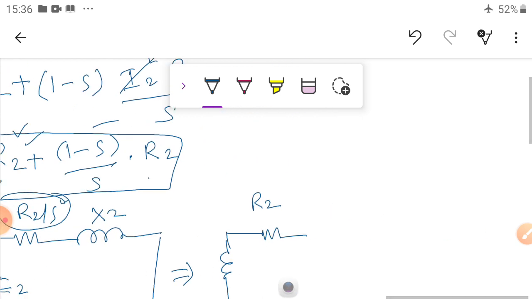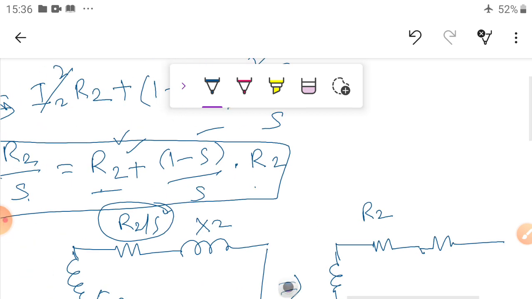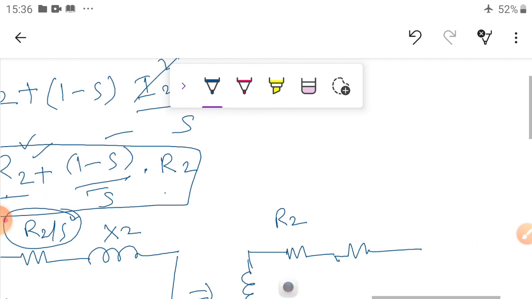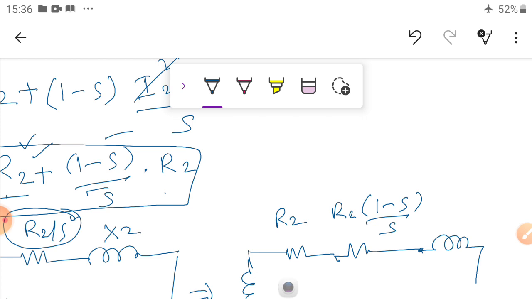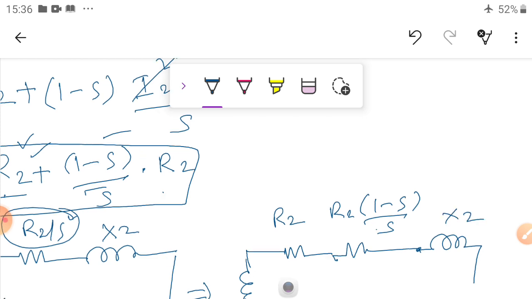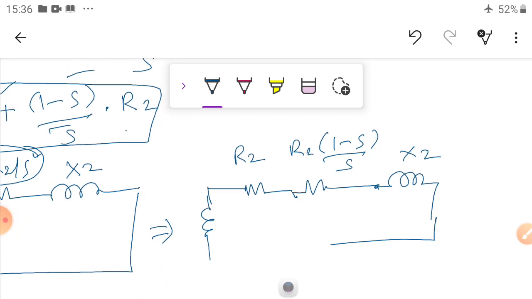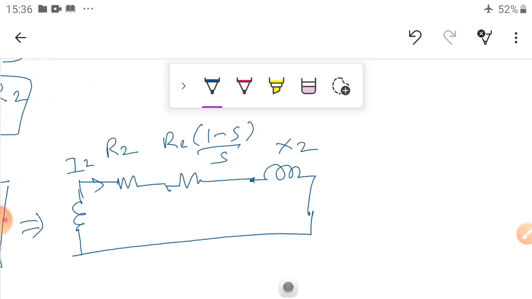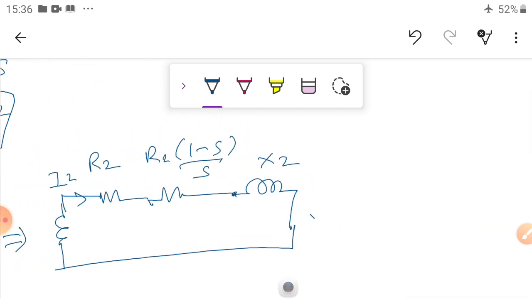At the same time, you can see these two terms, so you can write R2 into 1 minus S by S. Anyway, this is the inductance value X2. Now the current is the same I2, so this can be simplified and written once again.